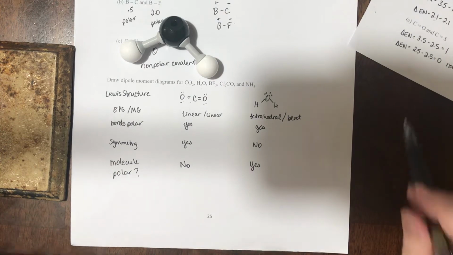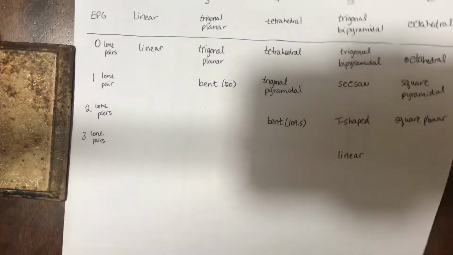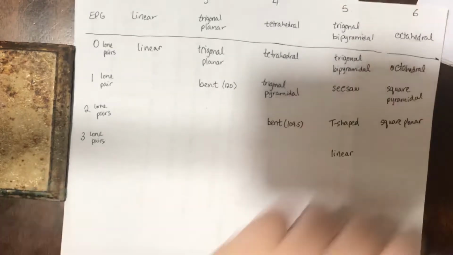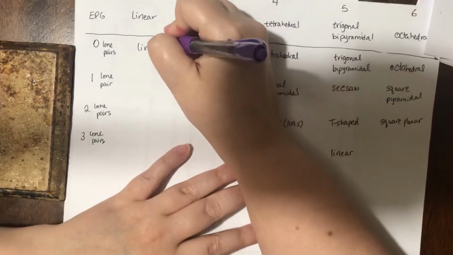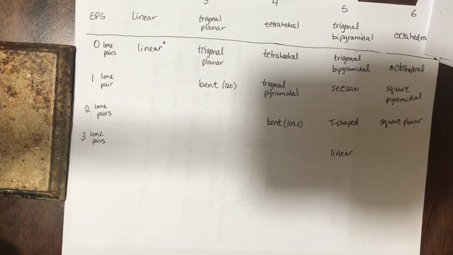Before we move on to looking at other ones, I want to look at our chart here and talk about which ones could be symmetrical. Well, in linear, we just discussed how linear could be symmetrical, so I'm going to put a little purple dot on it. It could be symmetrical.